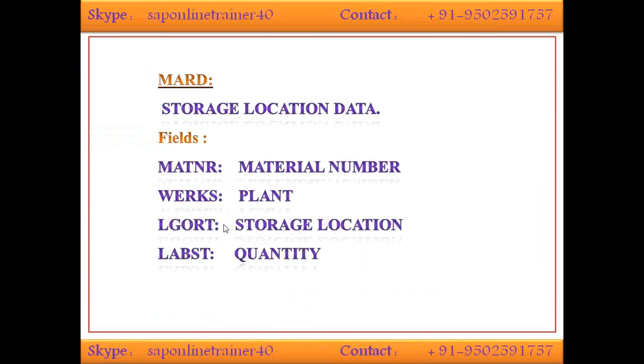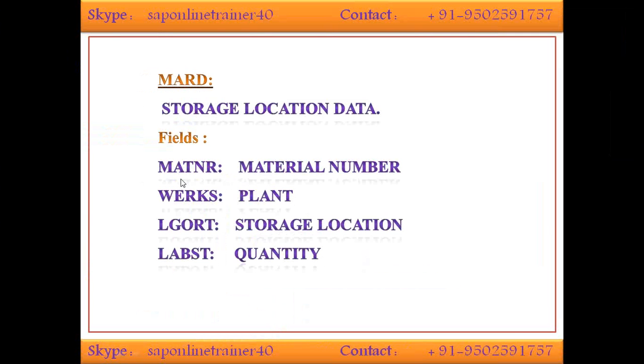This material number is present in plant, say for example P1, at storage location S1 with quantity 40 kgs. Say for example this material M1 is present in plant P1 at storage location S1 with quantity 40 kgs. Likewise, you can display the fields and the values of these fields of the MARD database table.